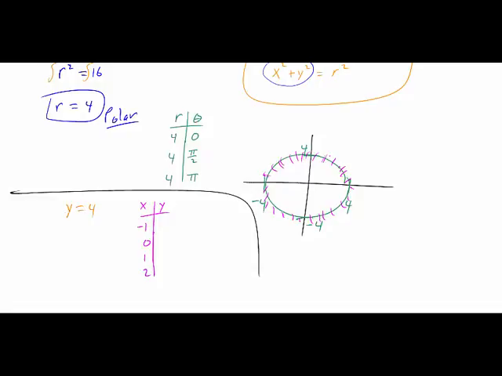So here, this is saying y equals 4, so y is always going to be 4, which means we have a constant function. If we look at the graph, we're going to get a horizontal line at 4. That's the same idea over here with r equals 4 in polar, where the distance from the origin, or the distance from the pole, is always 4, no matter what the angle is.